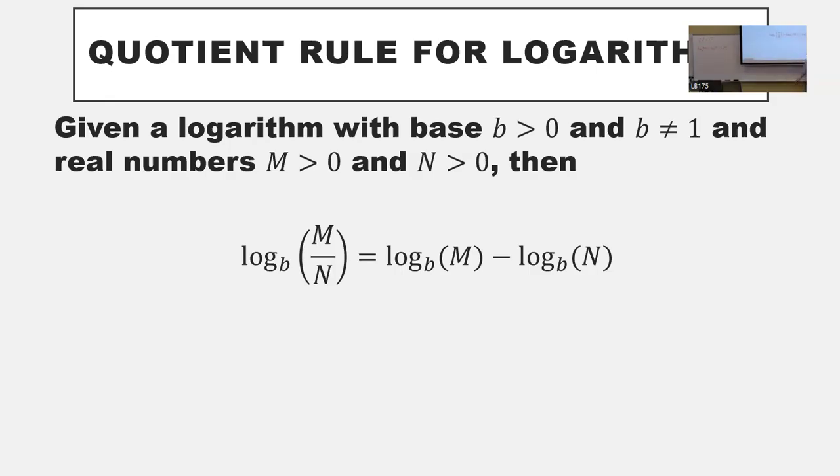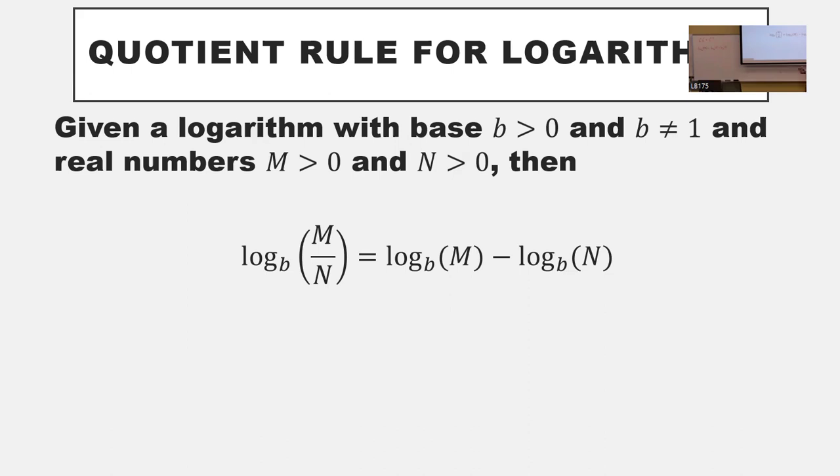We have a quotient rule for logarithms that comes from our quotient rule for exponents. Remember the quotient rule for exponents is that b to the x divided by b to the y is b to the x minus y. If I took b to the 7th divided by b to the 3rd, I'd get b to the 4th, since I subtract the exponents.